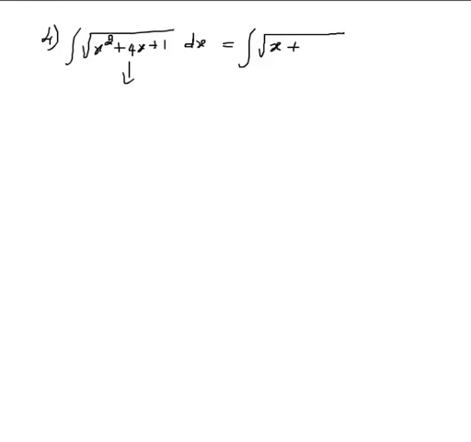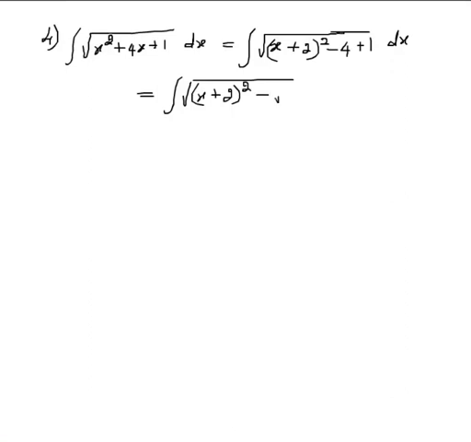Divide the coefficient of x by 2, the whole square. Subtract b square term and plus 1. Integral root of x plus 2 the whole square and minus 3. Minus 3 can be written as root 3 square.